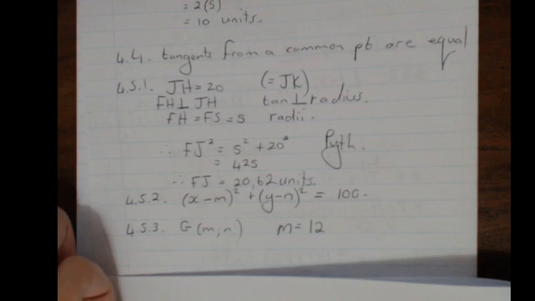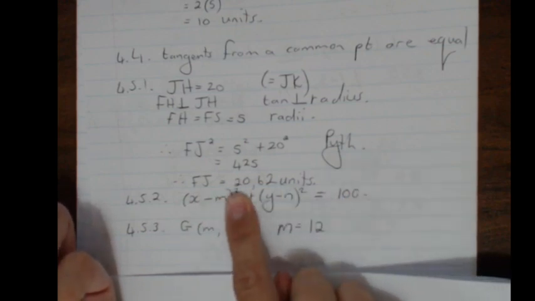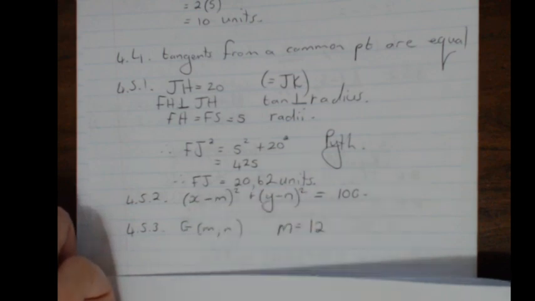So I need a point on the circle to substitute, because I have that equation, and if I substitute the M in there with a point, then I only need to find the N. So I need a point that lies on the circle, which seems like something that's possible to get.